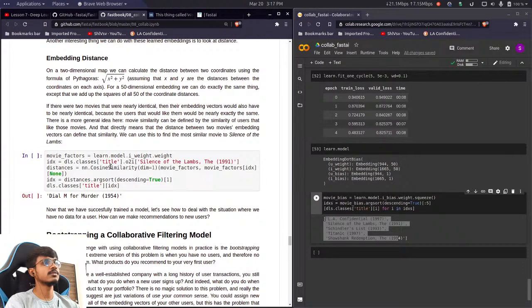Similar movie, how can we get the similar movie? Similar movie to Silence of the Lambs. First we have to get the movie factors, okay? We're getting the movie factors. Cool. Now what are we doing with those factors? We get the classes according to the title. We get title and o2i. What is o2i?